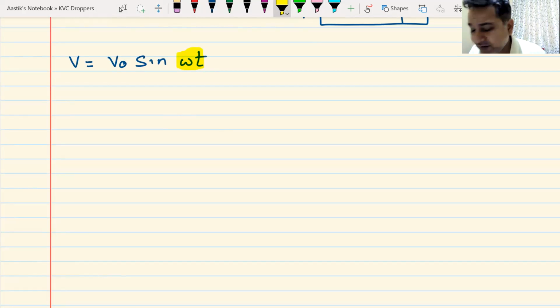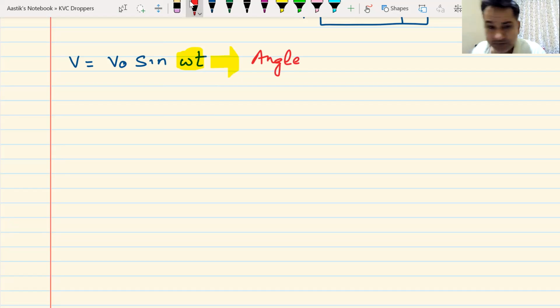So second and seconds will get cancelled, and this will be a dimensionless quantity. Yes or no? This entire thing is just a number. In fact, I can call this an angle, right? Yes or no? This would be an angle because it is with sine. Inside the sine, whatever is there should be an angle.